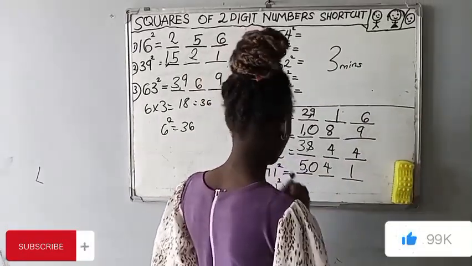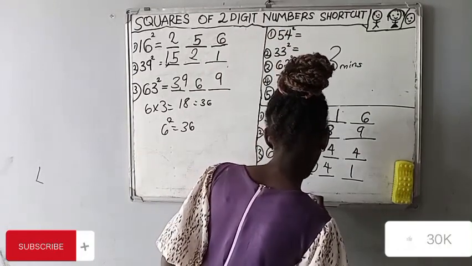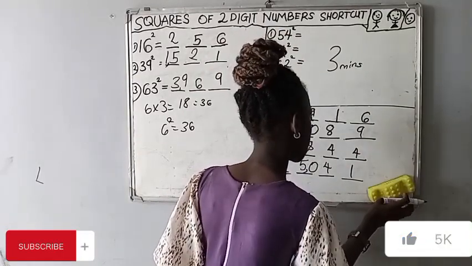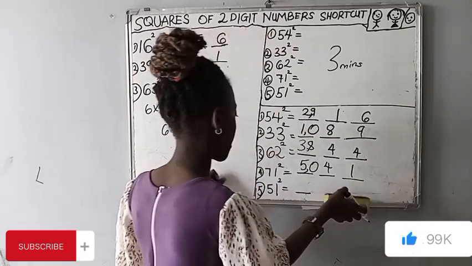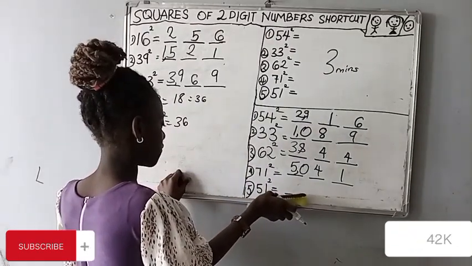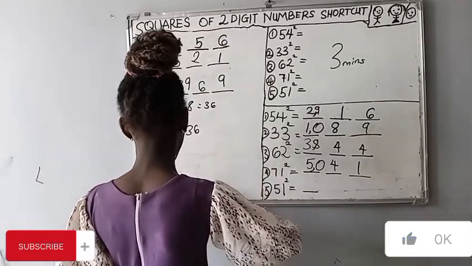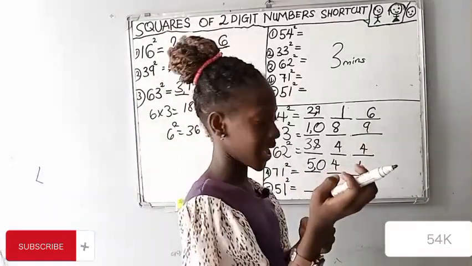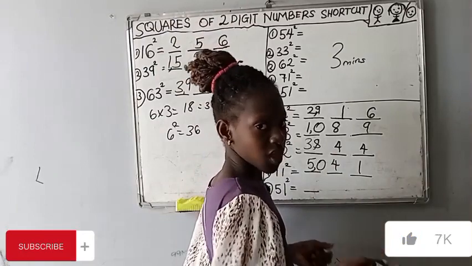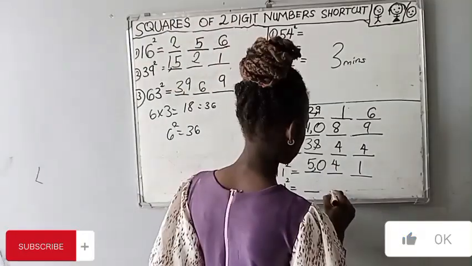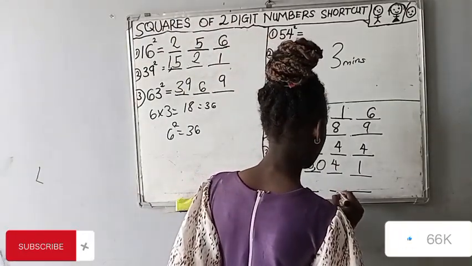Let's continue. 3 dashes, as I always say. Sorry, let me remove this off, so that it doesn't cut my hands or injure me. As I'll say, 1, 2, and 3.